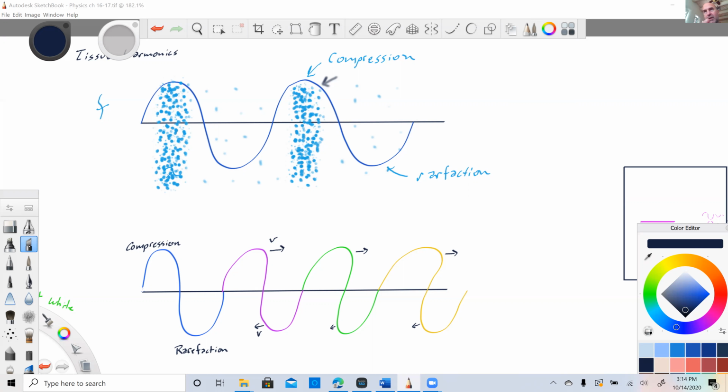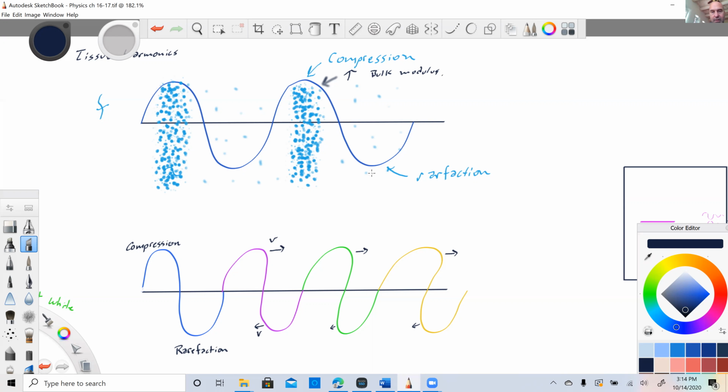The molecules are pushed a little closer together. They're all kind of pushing back against each other. That creates an increased stiffness. You could also say increased bulk modulus. Just to mess with you guys, remember, bulk modulus and stiffness are the same thing.